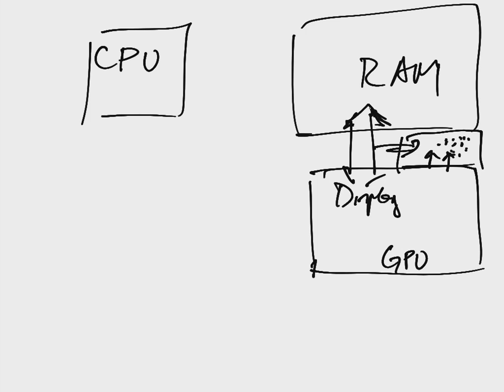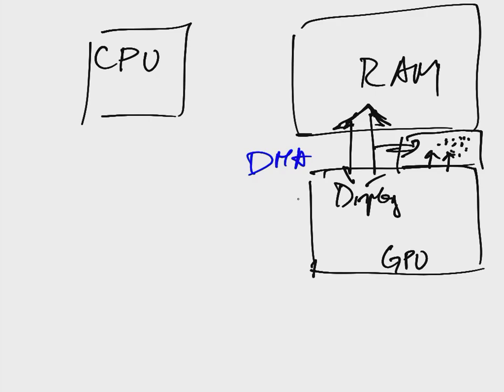And these devices which can read-write directly into random access memory are called direct memory access. So these devices may read-write some data without using the central processing unit at all.